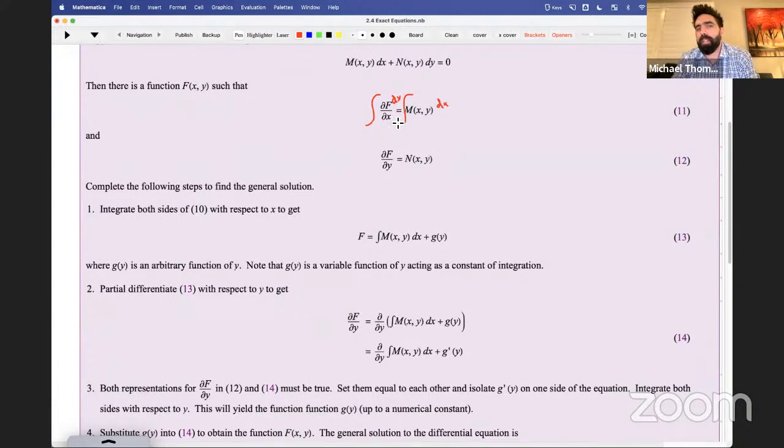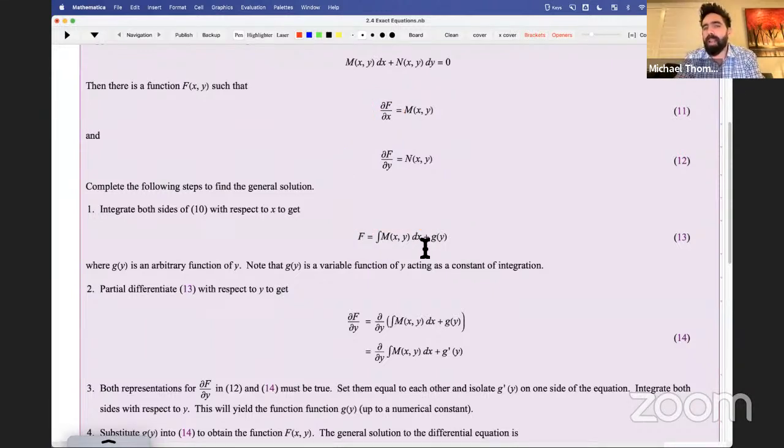The left is easy because you're starting with F, partial differentiating with respect to X and integrating with respect to X. They undo each other, so you have an F on the left. And on the right, this is something that you can evaluate. You guys can do this, right? If I give you that function M, whatever it is, you could do the integral. Hopefully not a tricky one. Some of them are more tricky than others, but you can do that work.